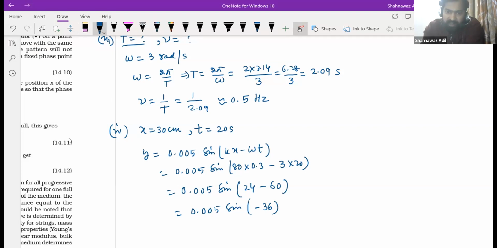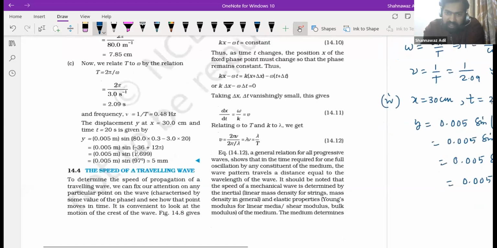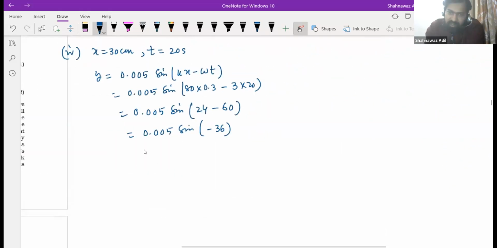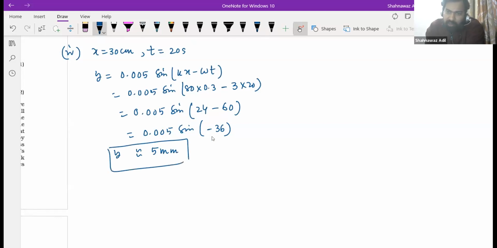That they have given here, right? So sine minus 36 is sine 97. So that would be nearly 5 millimeters, right? This is nearly 5, this would be the displacement because we don't know the value of sine of minus 36, right?